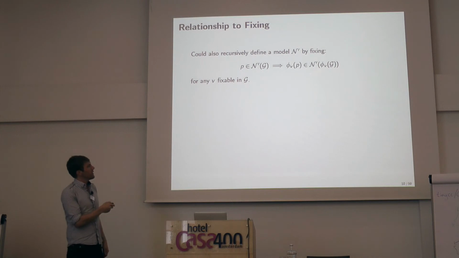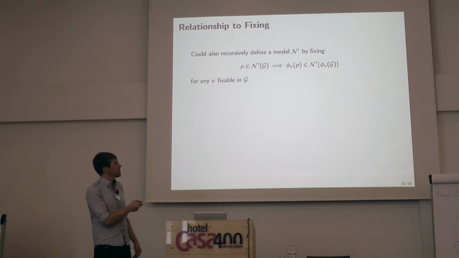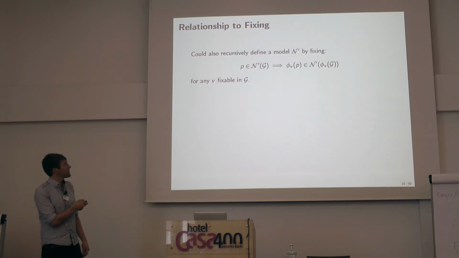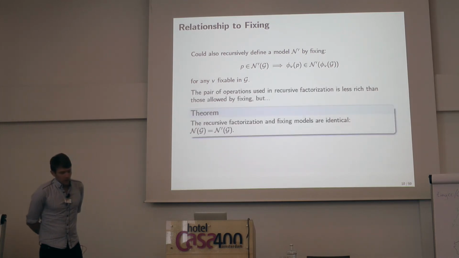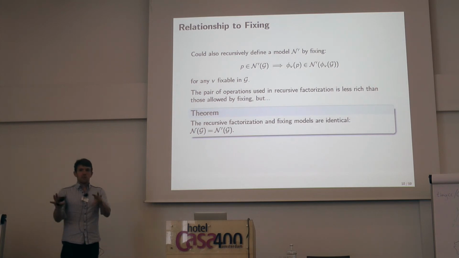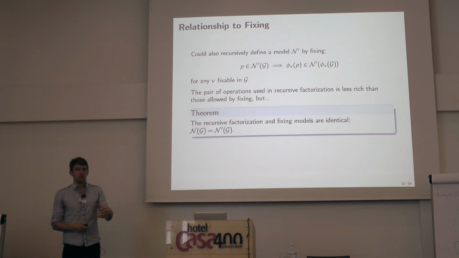Whenever I fix the distribution according to some fixable vertex V, then what's left is in the model for the graph where I fix that vertex. And that's a slightly richer set of operations, so I get to more graphs and I get to more distributions by doing that. But it doesn't actually give me any additional constraints, so the models are still the same.